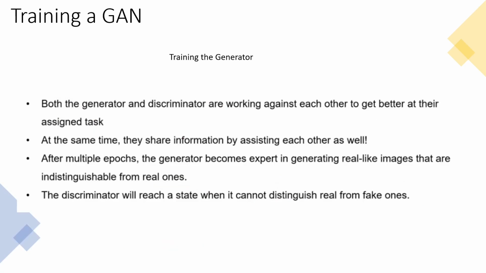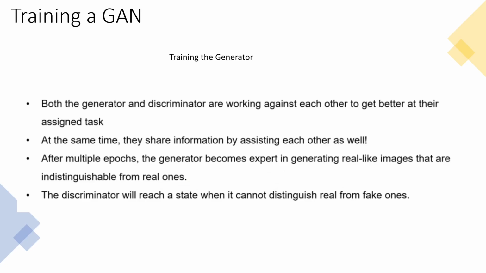Both the generator and discriminator are working against each other to get better at their assigned task. At the same time, they share information by assisting each other as well. The generator shares the fake images and the discriminator shares the loss of these fake images.